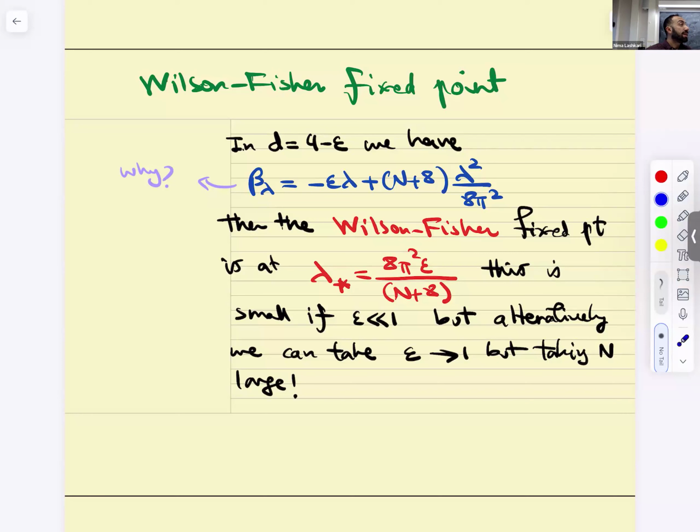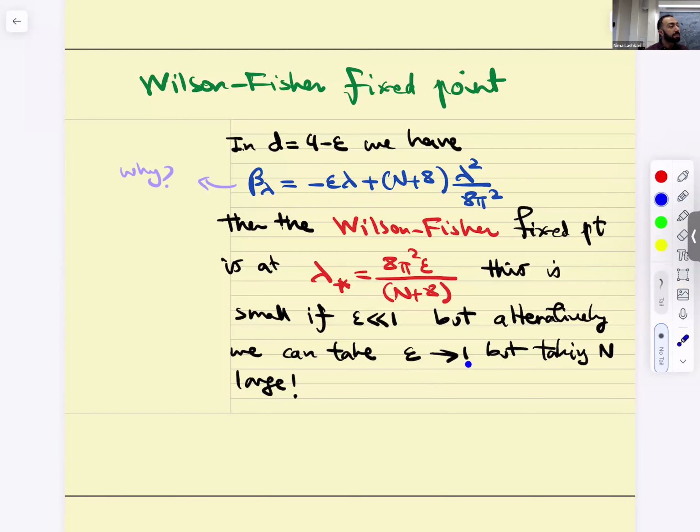Perturbation theory, right? Because small epsilon tells me that lambda star is small, so I can trust my perturbation theory. This was calculated for small lambdas, right? There are higher order corrections. If epsilon is not small, I'm not guaranteed the cancellation, right?